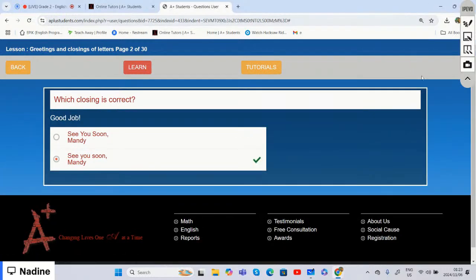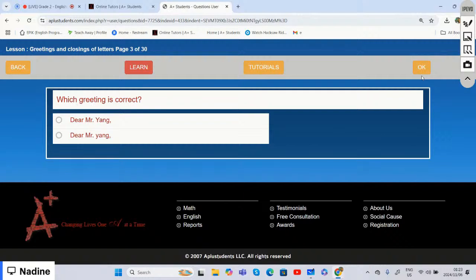Only the first word you capitalize, not every other word. And of course, proper nouns need to be capitalized.